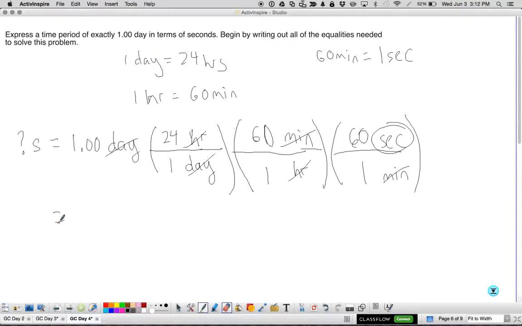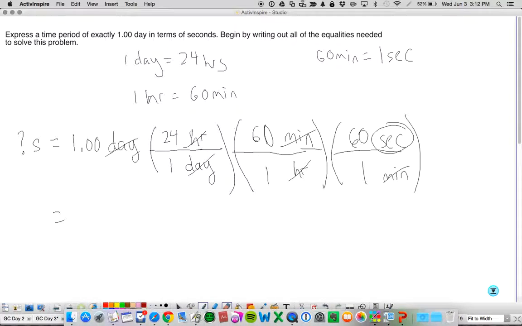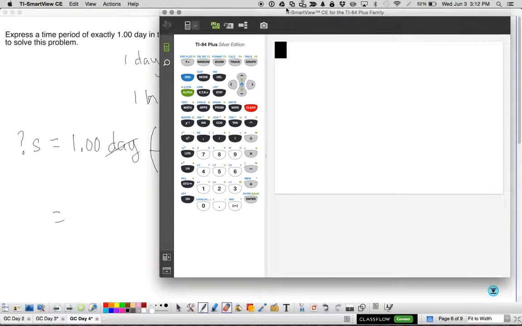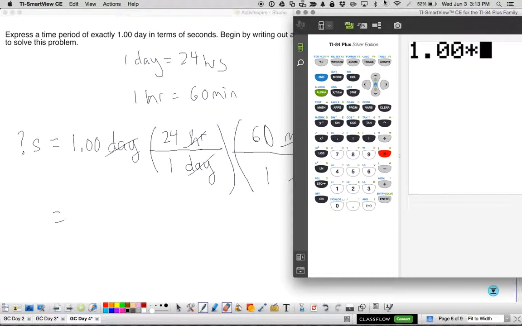Now, your calculator is actually set up really well to do these things stepwise. Oftentimes people will start to run into problems with the steps in multiplication and division. So right now, I can do 1.00 times my next conversion factor, which is 24.